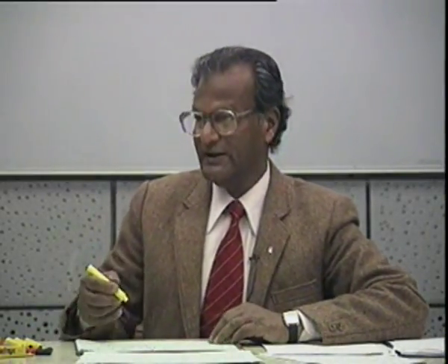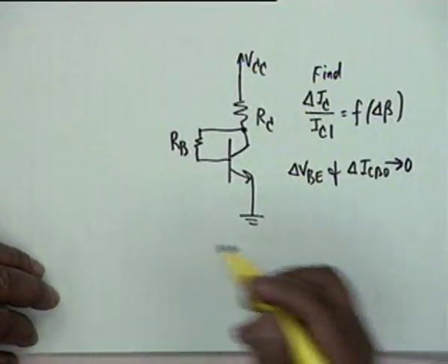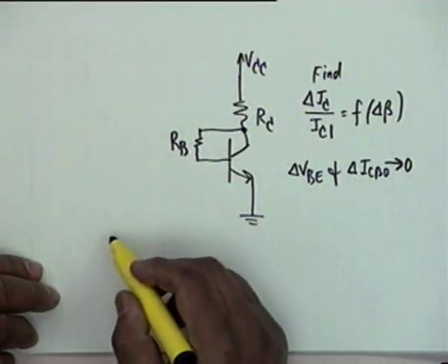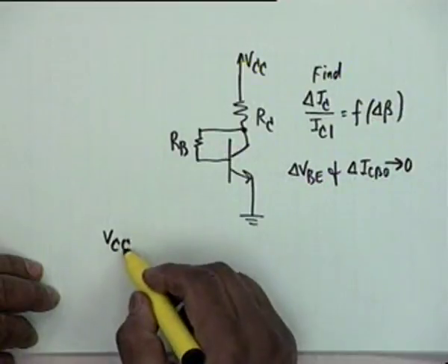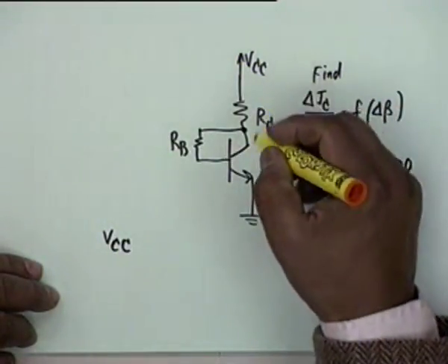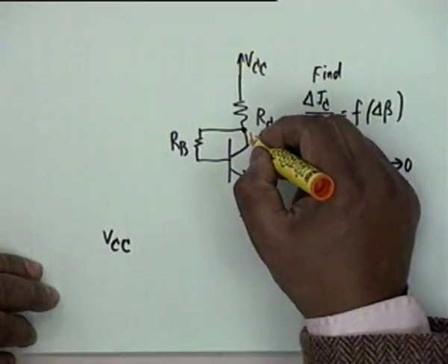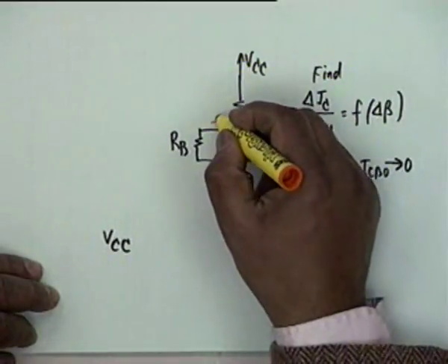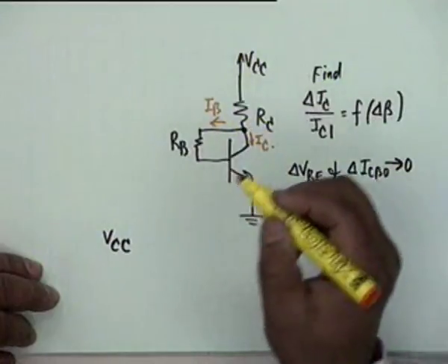To determine delta IC by IC1, what you do is you write the equation for VCC. If this current is I sub C and this current is I sub B, now you can't make all those things IC equal to beta IB, because ICBO comes into the picture.